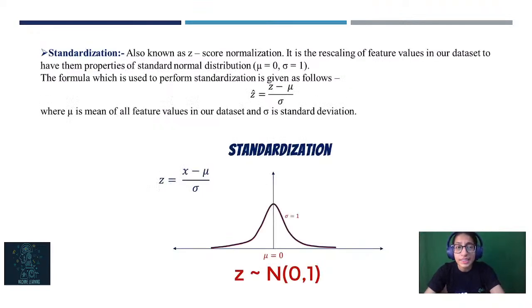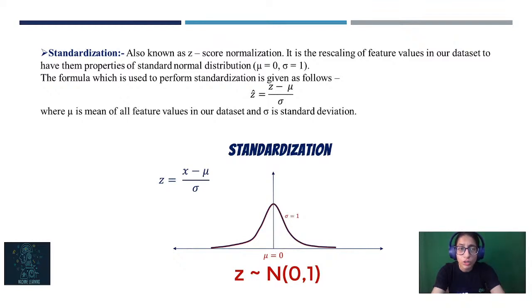Now comes the question, what is standardization? Standardization is also important, it plays a great part. It is a rescaling of the feature values, and in the feature values we cannot use the values as they are.